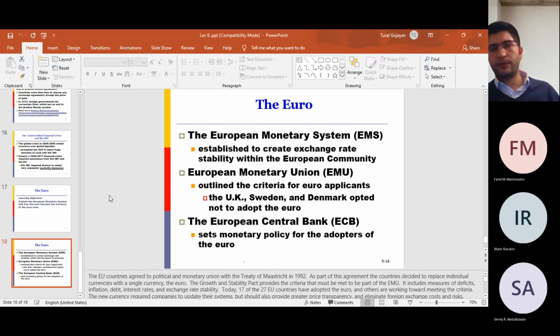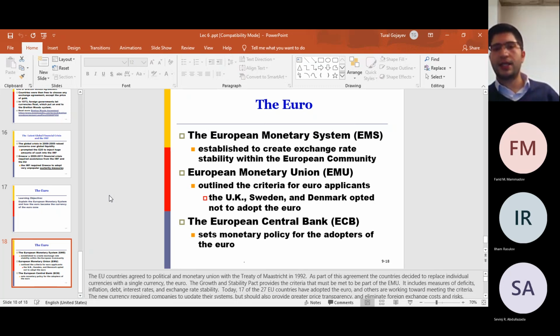Let's have a look at the next slide. The euro. The European Monetary System, shortly EMS, was created in the year 1979. Some European countries made a decision to create the European Monetary System.